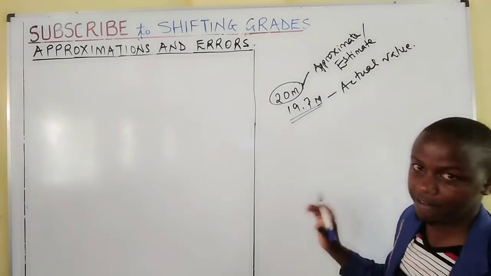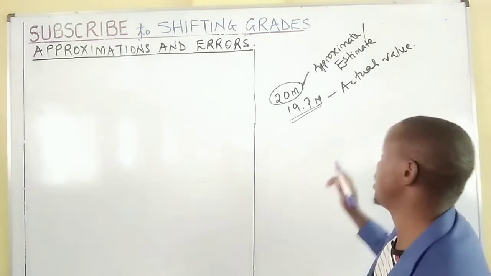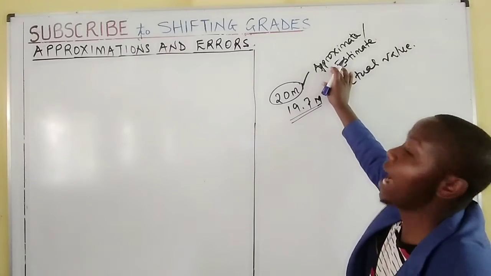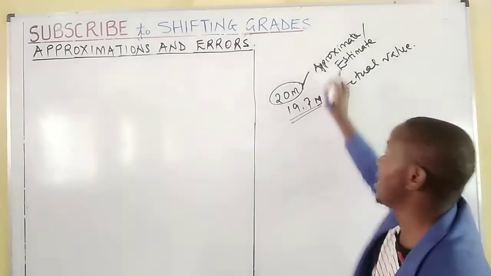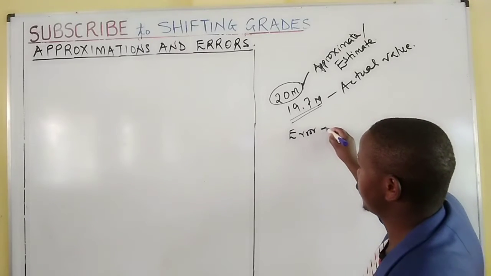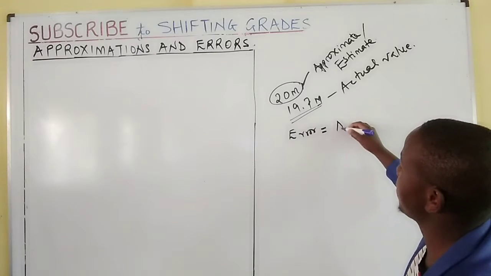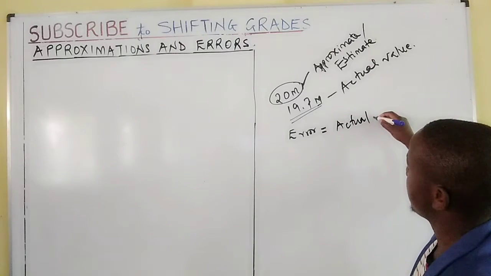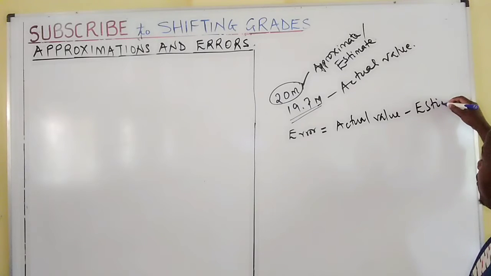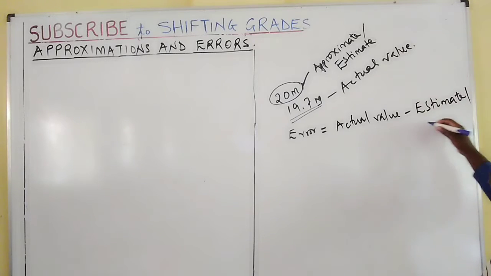Now there is a difference between the actual value and the approximated value, and such a difference is called an error. So an error is the difference between the actual value and the estimated value, which is also called the approximate value.